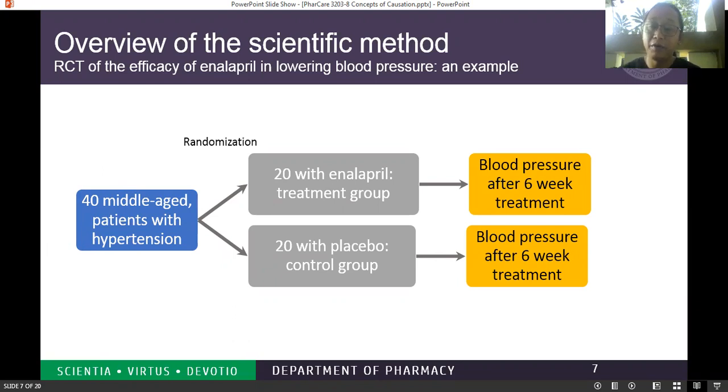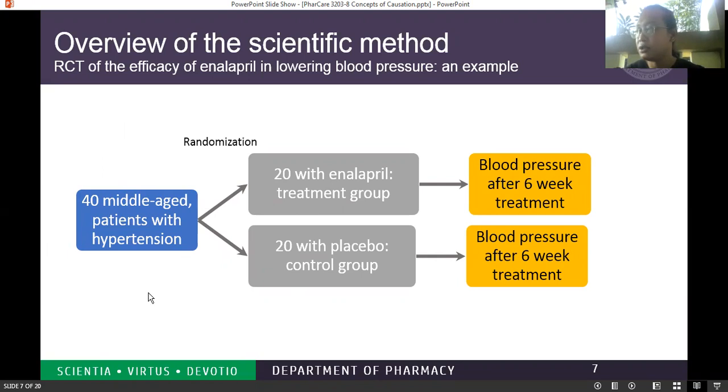But before that, we usually have to register our trial to a system such as the clinical trial registry by the government of the US, I think, clinicaltrials.gov.